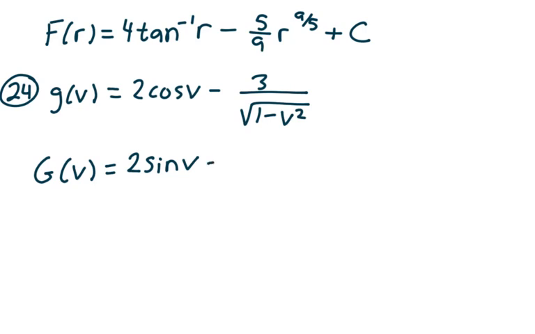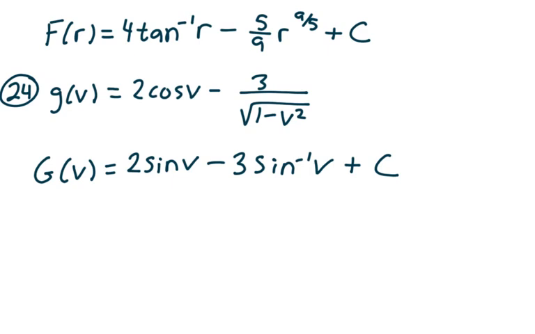And then we're going to go minus 3, and then I'm going to multiply by the inverse sine of v. It turns out to be the function whose derivative is 1 over the square root of 1 minus v squared. So it's 2 sine v minus 3 times the inverse sine of v plus c. You're done.